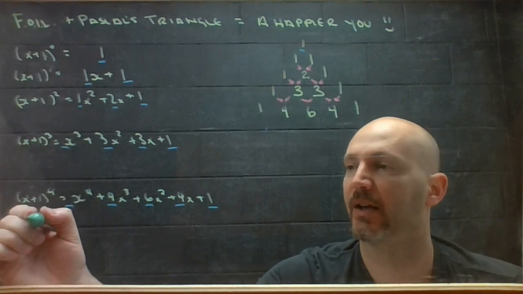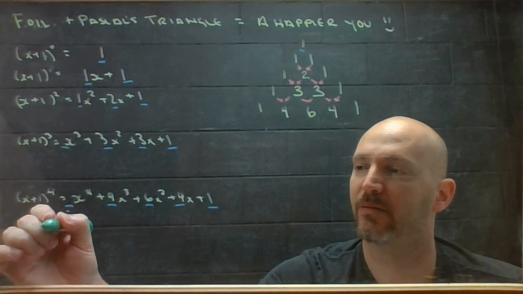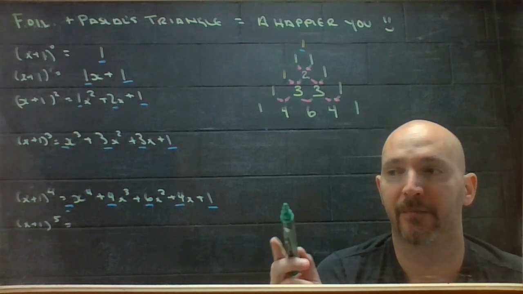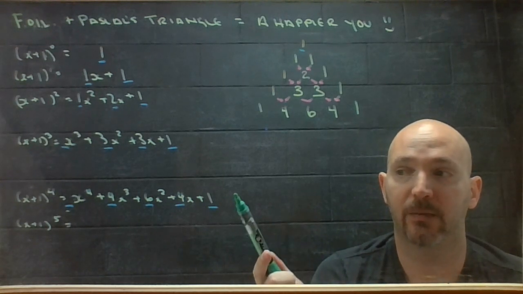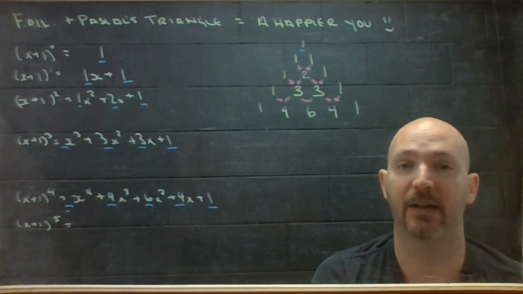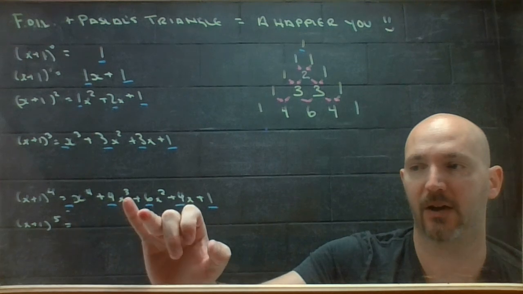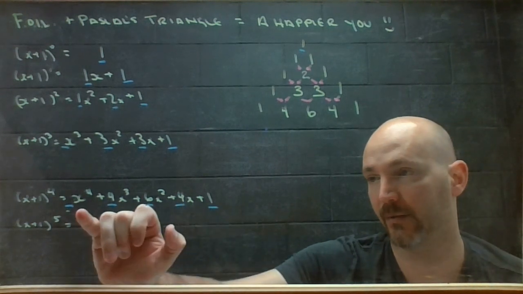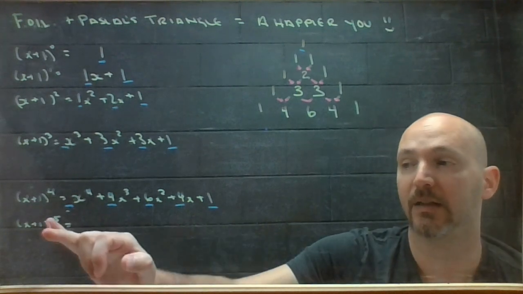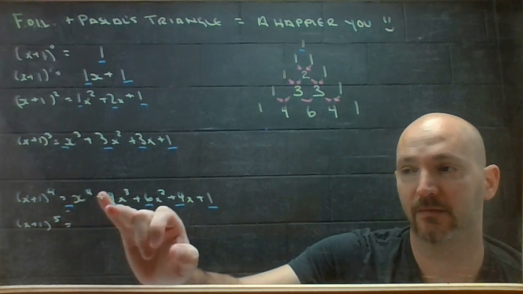I'm about to try and do x plus 1 to the power 5. Now, I would normally have to write x plus 1, and then I'd have to write this whole thing, and I'd have to do x multiplied by all of those bits, which is going to generate 1, 2, 3, 4, 5 terms. It's 5 multiplications. Then I'm going to have to multiply by 1 5 times.